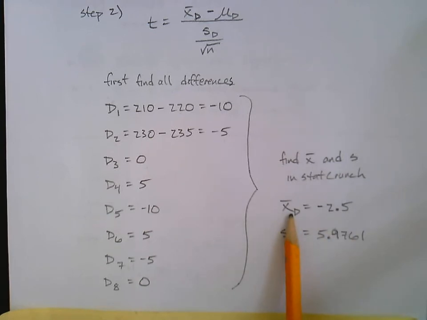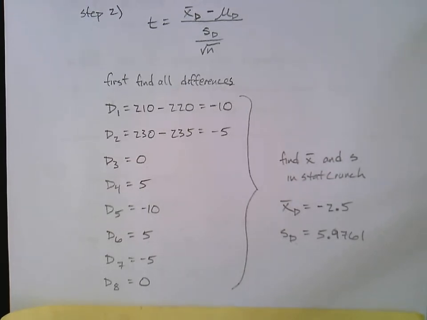So that is the mean of the differences. So that's x bar sub d is negative 2.5. And you'll find the standard deviation of the differences. It's a sample standard deviation. So s sub d, the standard deviation of the differences, turns out to be 5.9761.